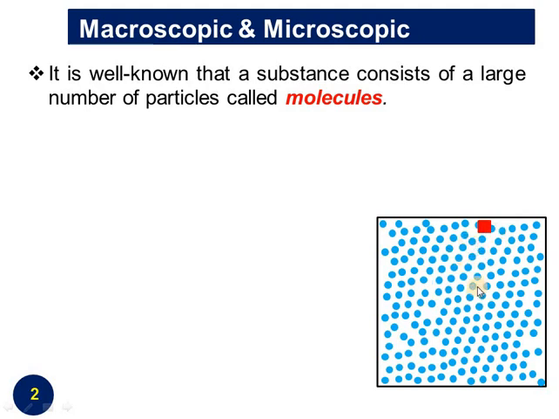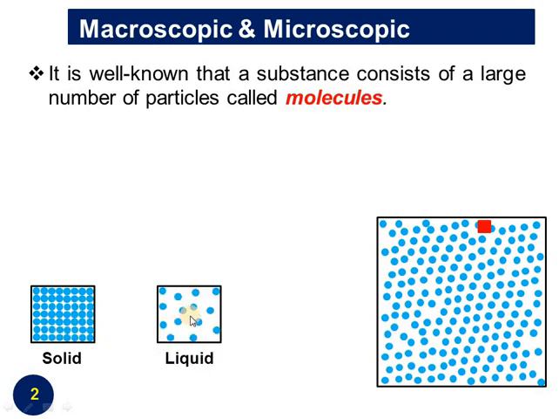If this substance is solid, then the arrangement of the molecules will be like this. If this substance is liquid, then the arrangement of molecule like this. And if it is gas, then the molecules are in this pattern. So we can see in the solid, the molecules are closely spaced and the intermolecular distance, which is the distance between the two molecules, is very low.